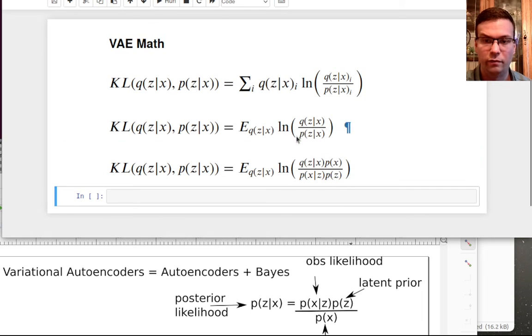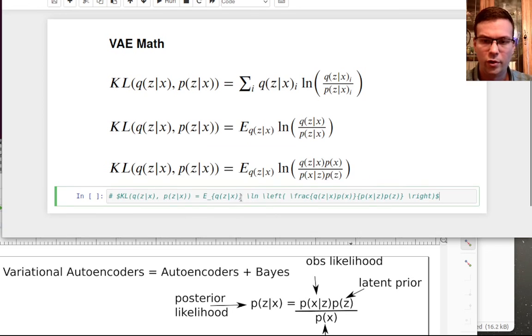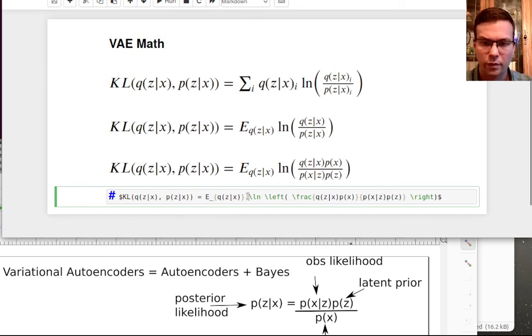If I plug in Bayes' rule for P(Z|X), then it's P(X|Z) times P(Z) over P(X), and I bring that P(X) up to the numerator, and then I have this here. And so I'm going to keep working with this equation, but I'm going to split some stuff up according to log rules. So I'll take out this P(X) by itself here.